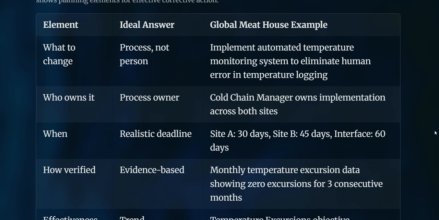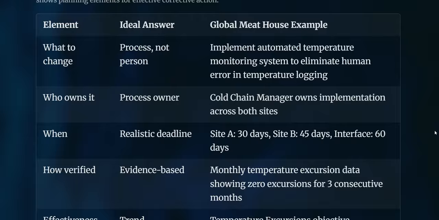Second element, who owns it? Ideal answer, the process owner must own this corrective action. In our example, Global Meat House, the cold chain manager owns implementation across both sites, and is responsible for such corrective action.